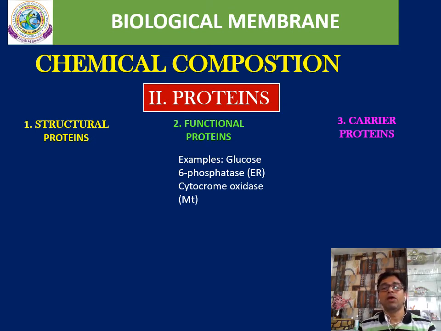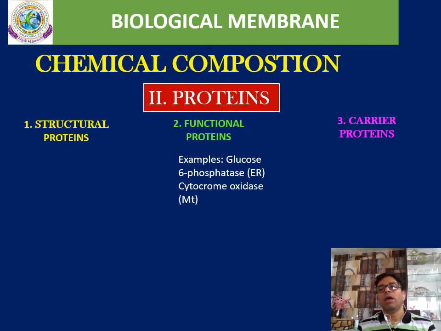For example, glucose 6-phosphatase is a functional protein present on the membrane of the endoplasmic reticulum, that is ER. And the next one is cytochrome C oxidase, also a functional protein, which is present on the membrane of mitochondria.